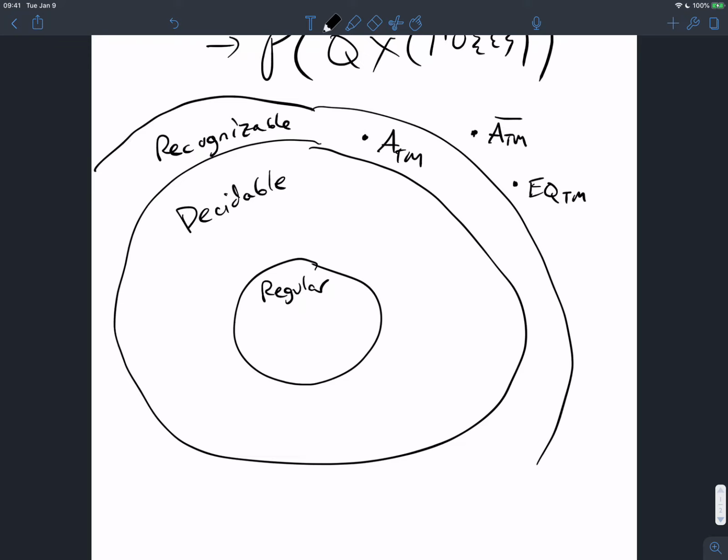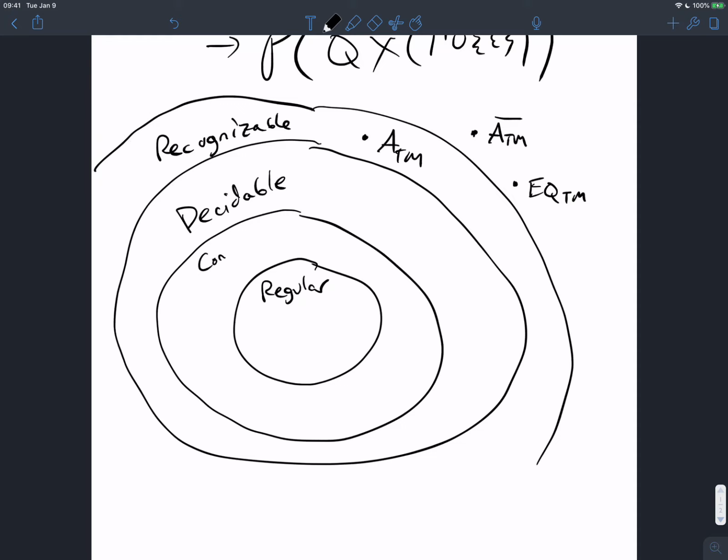But where does it fit? Where do the context-free languages live in this hierarchy? Are they below decidable, or do they go beyond decidable, or is it just in between? It's actually in between. And how can I convince you that that is true? Right, A_CFG we found was decidable, because with Chomsky normal form we can just try all 2n-1 ways to apply rules.